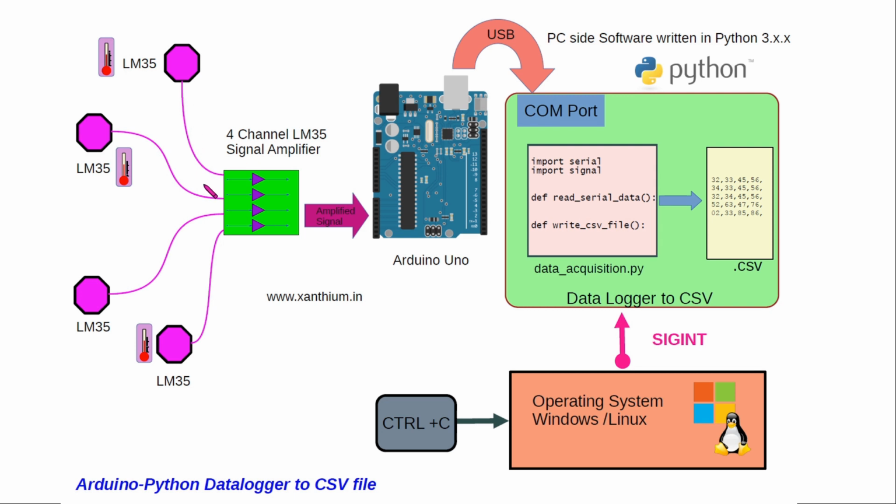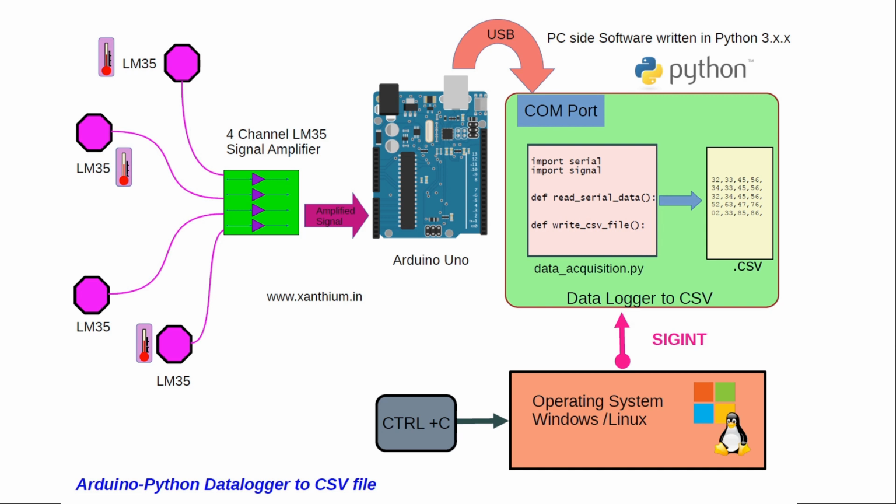Now they are amplified by the amplifier and a higher voltage is given to the analog input of the Arduino. We will connect the pin numbers AN1 to A0 and AN4 to A3 of the Arduino. And inside the Arduino, the microcontroller will read the analog signals and convert them to digital equivalents.